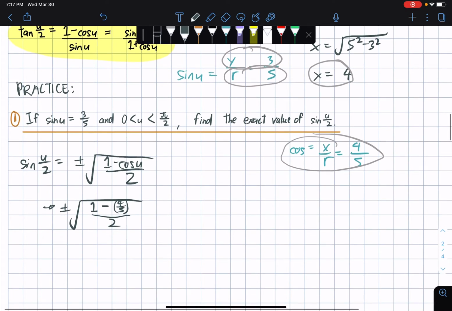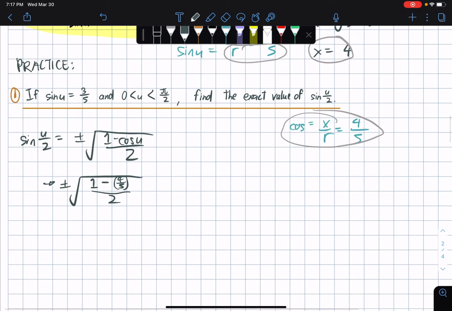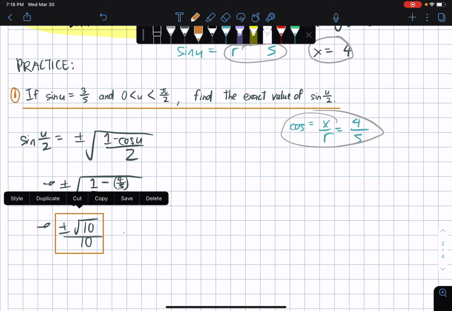You're going to need your scientific calculator, especially if your teacher would allow you to use one in your exam. Basically, the answer would be plus minus square root of 10 over 10. I'll just box this answer already.